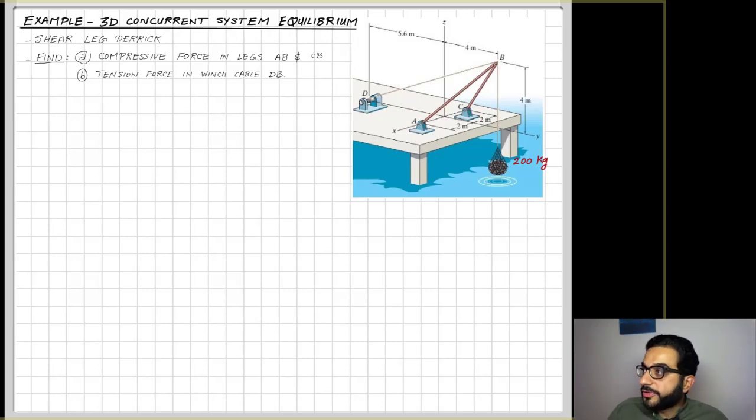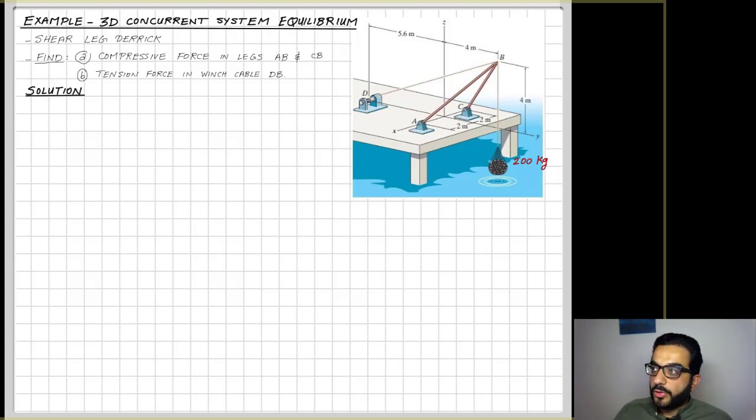The first thing we need to do is to draw the free body diagram of the point. By looking here at the end of the course, you will know more what we mean by concurrent system, because you will see non-concurrent systems.